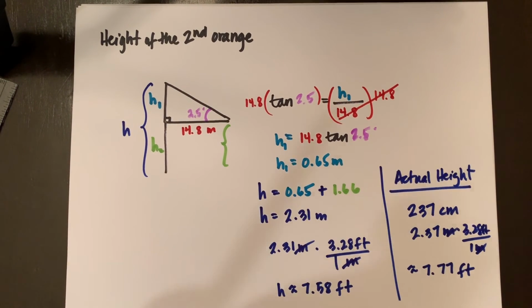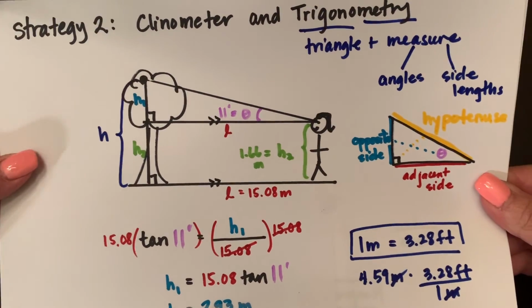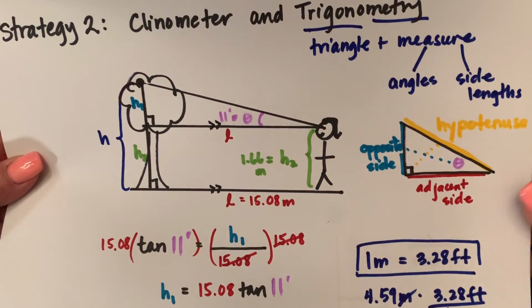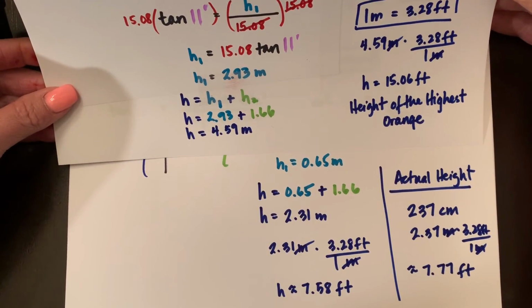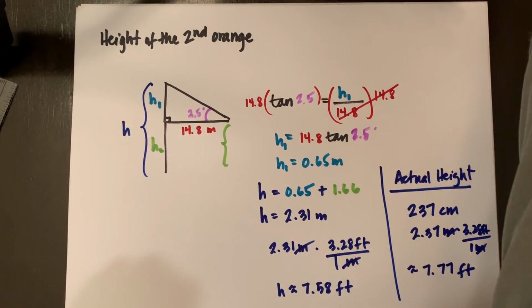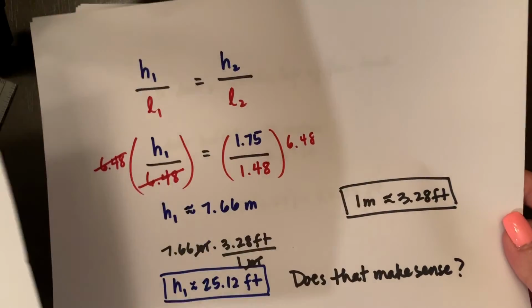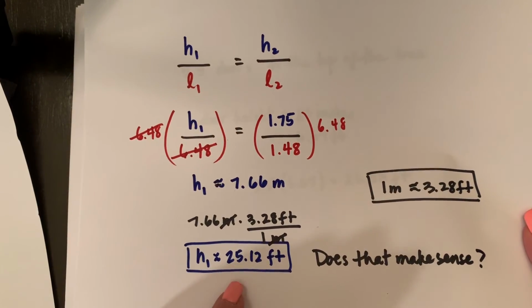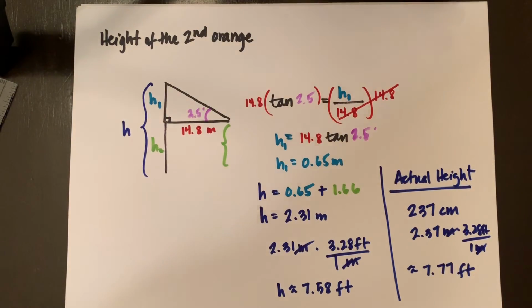So it looks like our strategy of using the clinometer with a little bit of trig gave us measurements that actually make sense, but the strategy of using height and shadows gave us a height that didn't quite make sense. So think about what we learned today.